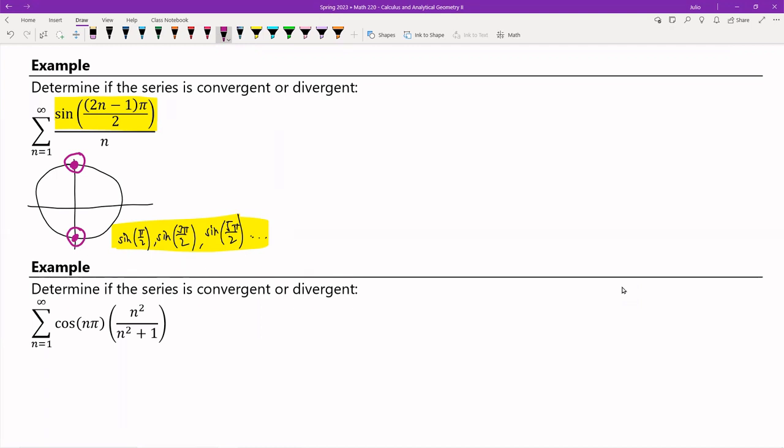You see what's happening? Sine of pi over 2, 3 pi over 2, 5 pi over 2, 7 pi over 2, 9 pi over 2, 11 pi over 2, and so on, bounce back and forth between positive 1 and negative 1, depending on what n it is. So that yellow part up top is what's giving you the alternating series. It's what's giving you the bouncing up and down.